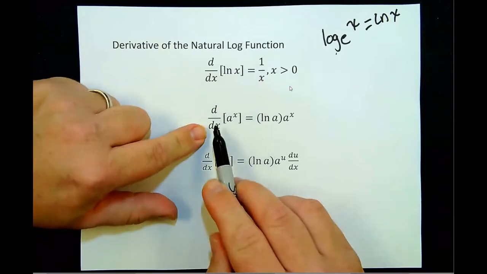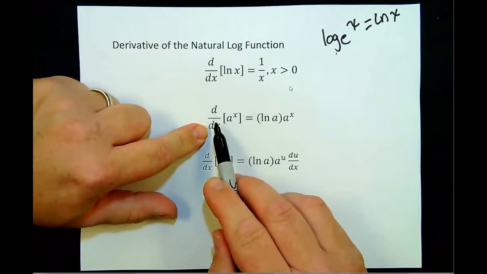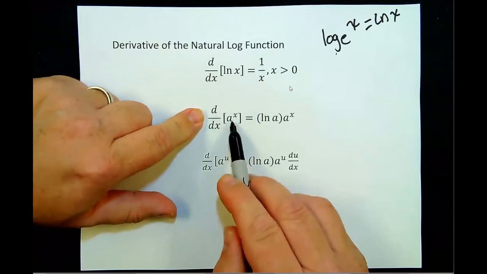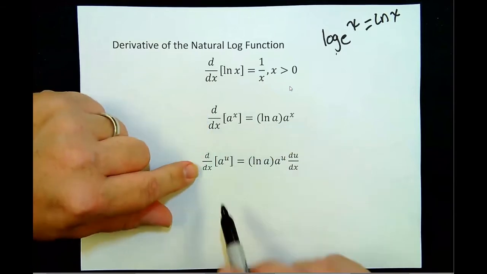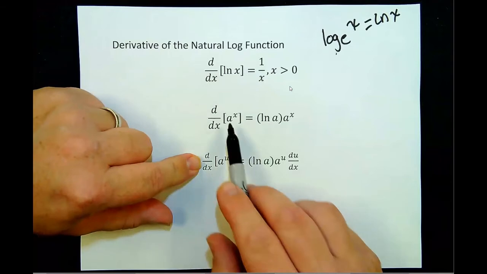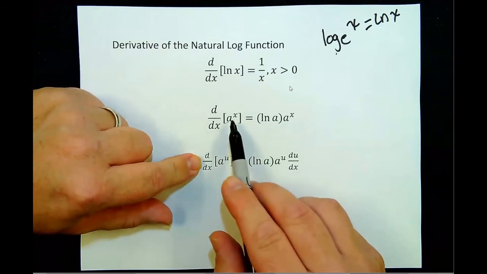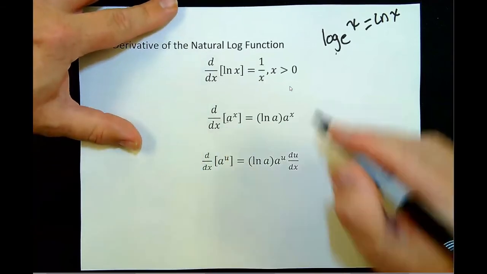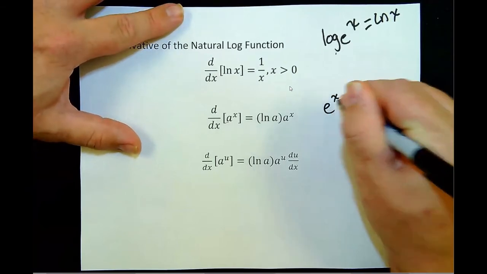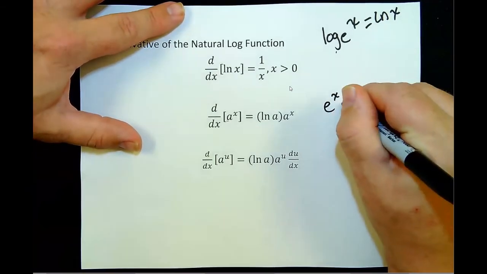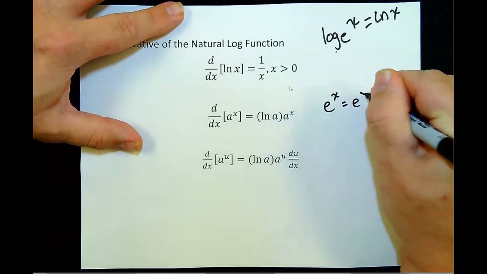The derivative of any constant raised to the x power is the natural log of that constant times a to the x. If you remember, when we talked about the derivative of e to the x, we said that the derivative of e to the x is e to the x.